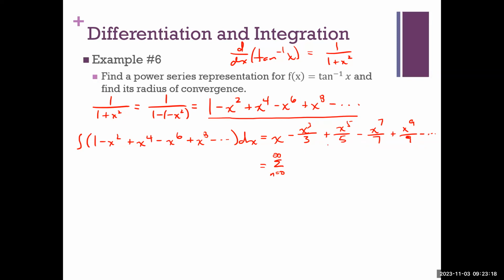The numerator is multiplied by negative x squared. That's consistent from term to term, right? Any idea how to represent that in my sigma notation? Negative x squared raised to the n.